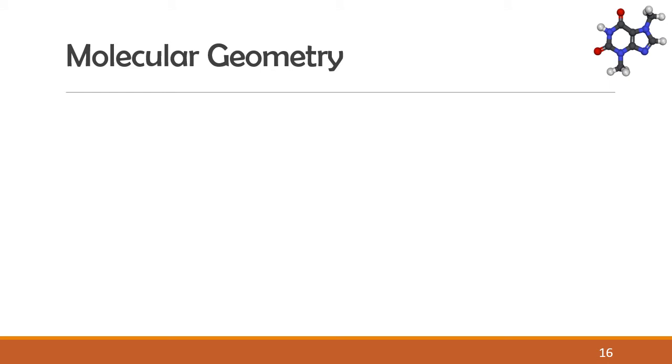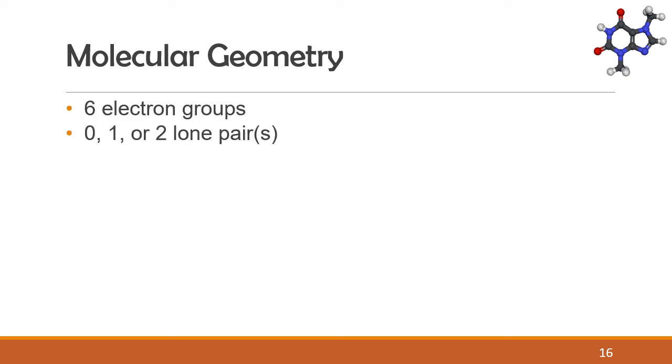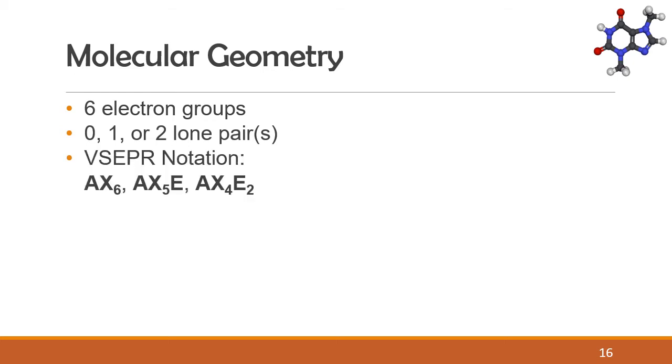Finally, we have molecules with six electron groups. The electron groups can be made up of six bonding pairs with a VSEPR notation of AX6, five bonding pairs and one lone pair represented as AX5E, and four bonding pairs and two lone pairs represented as AX4E2.